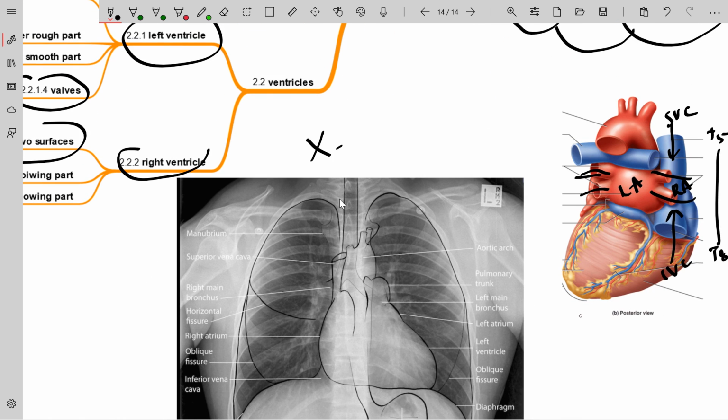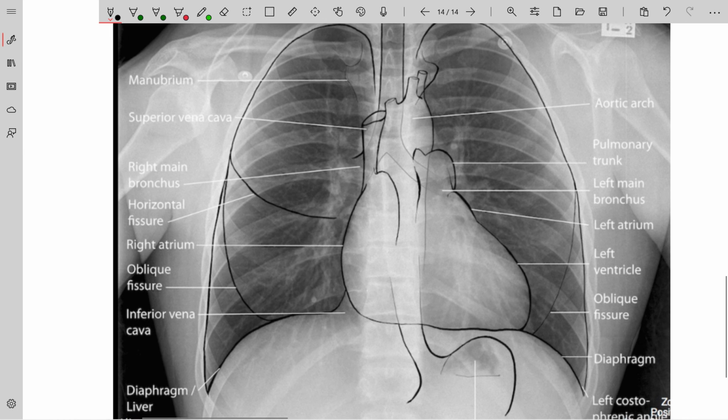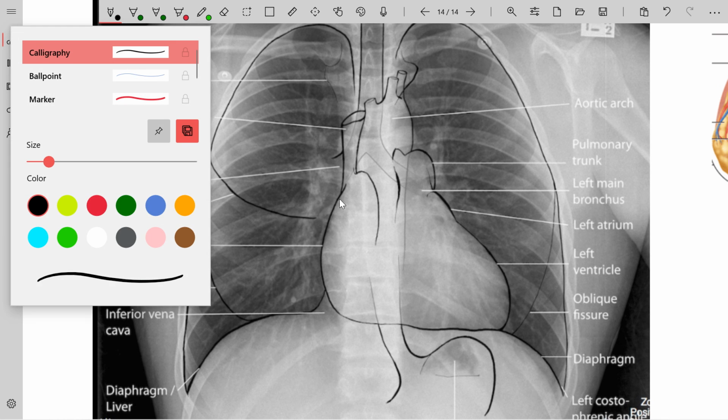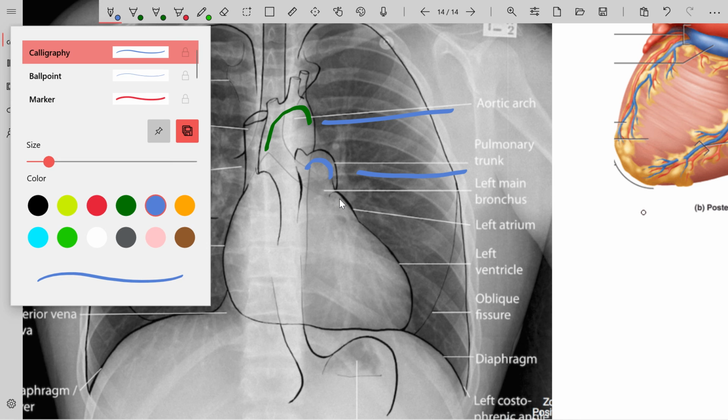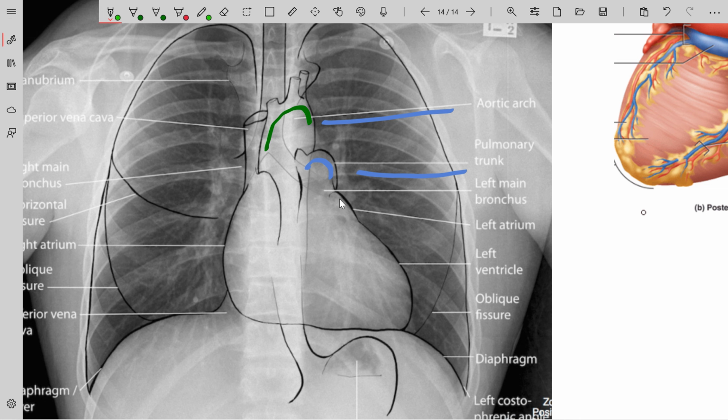So this is the X-ray of heart. This is the aortic arch, then the pulmonary trunk. Then this is the left bronchus.